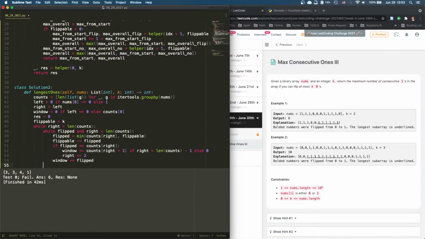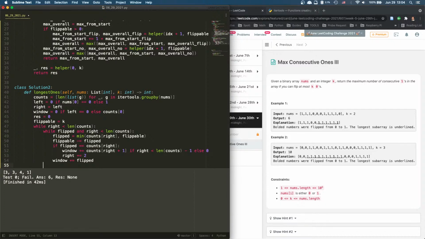Once this is done, once we have a window, the window is always going to be attaching to the left, and this is when flippable is reduced to 0, or flippable has no more left. So we don't have any more 0 to flip, so we don't have to add flippable. So now it's just window plus flipped. That's the total that we have flipped in this window.